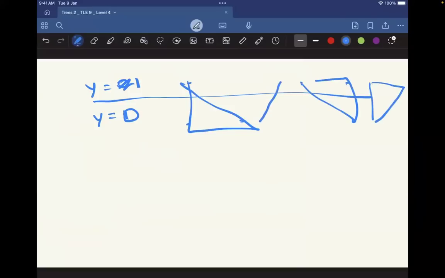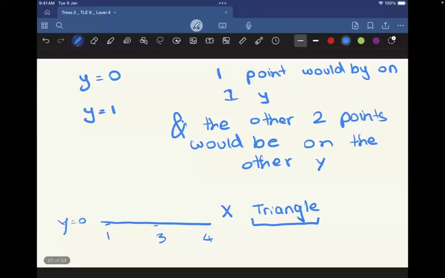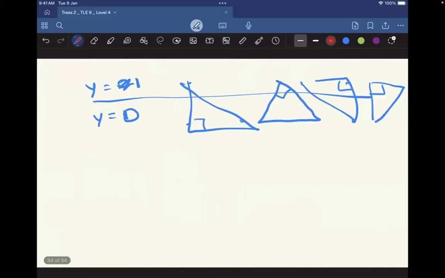Now I can also make a triangle which is like this, and this right here is 90 degrees. Is this much clear, that at least this is the case that holds? 1 point is on one of the y values, and the other 2 are on the other y.